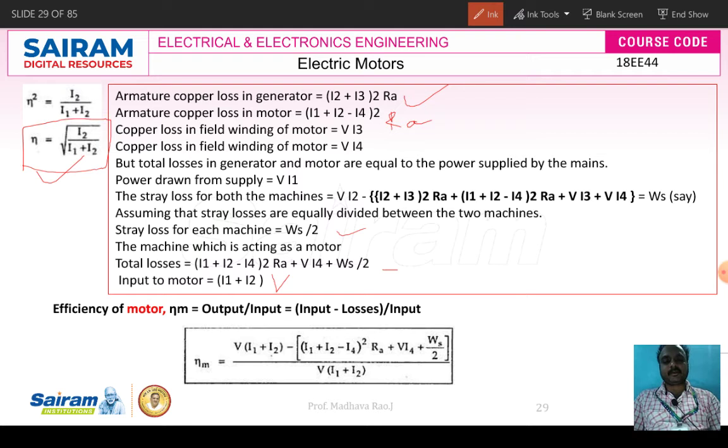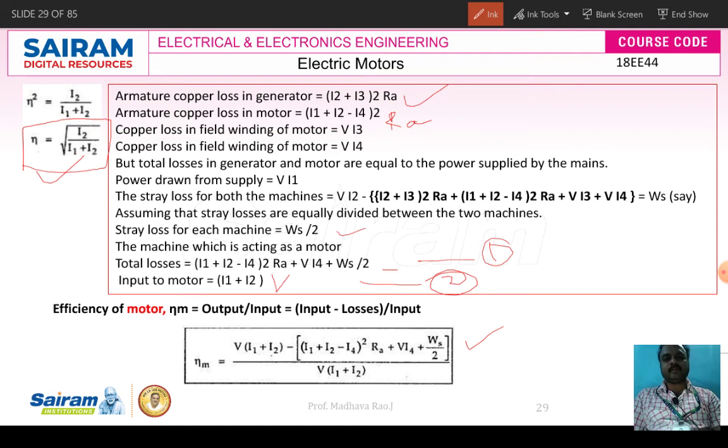This we have to subtract. So from equation 1, equation 2 minus 1 is equal to output power, divided by equation 2, V into I1 plus I2, which is the input. That is the motor efficiency we will get. This is how we can calculate the efficiency of the motor.